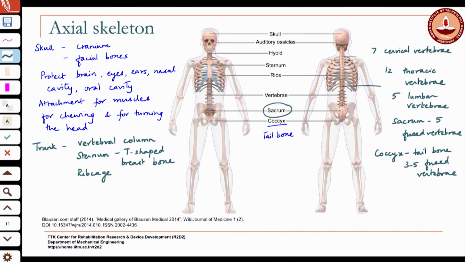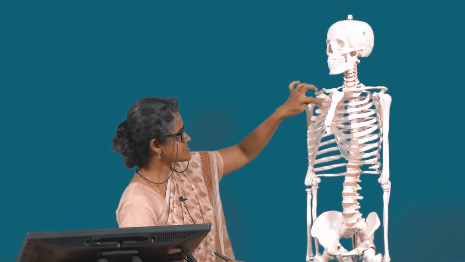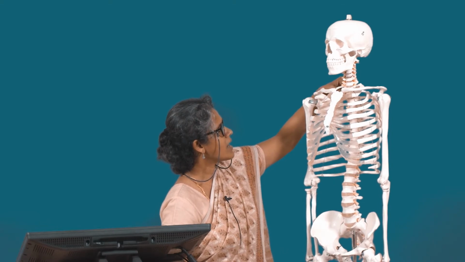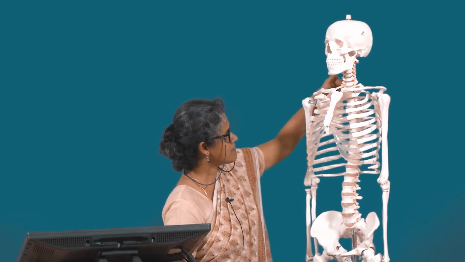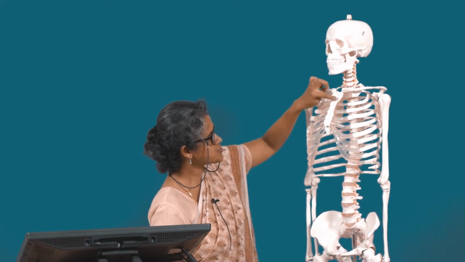Okay. And then you have the rib cage. If you look at the rib cage, you have these ribs that are attached, that come from the thoracic vertebrae, and they attach to the sternum in front.